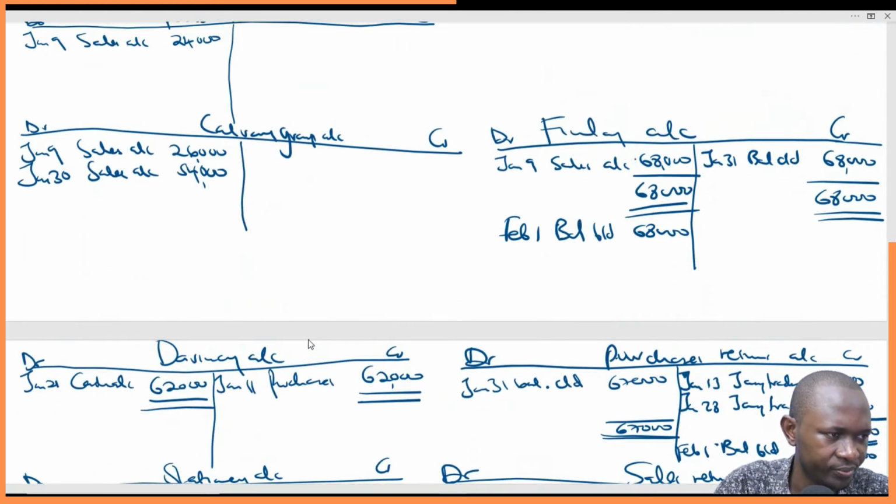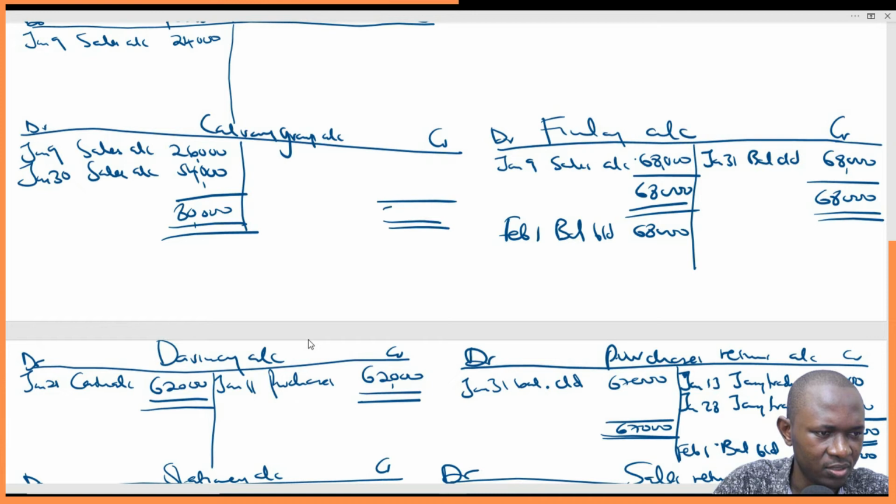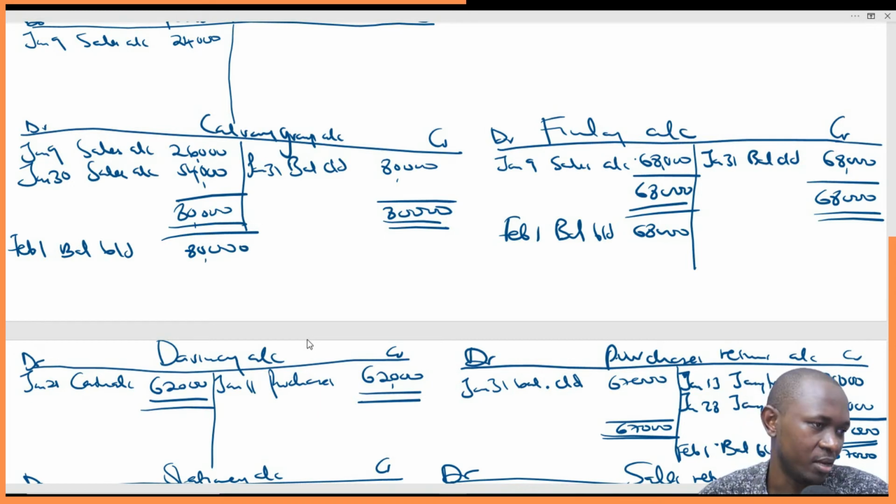This is 26,000 and 54,000. That will give us 80,000. So 80,000 also here. Then January 31st balance carried down is 80,000, and then we say Feb 1st balance brought down 80,000, like that.